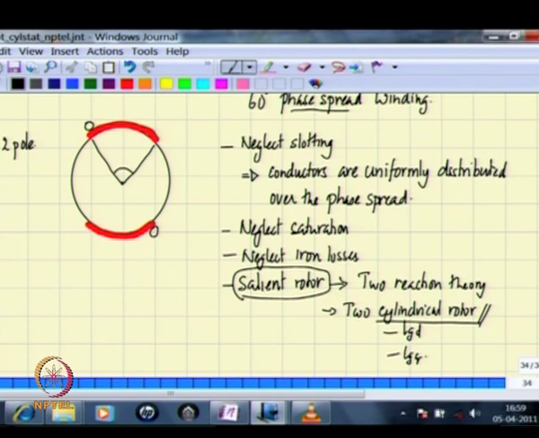in order to describe what is going to happen here, it will be sufficient to look at the cylindrical rotor alone and find out how the flux density waveform or the MMF waveforms are going to look.